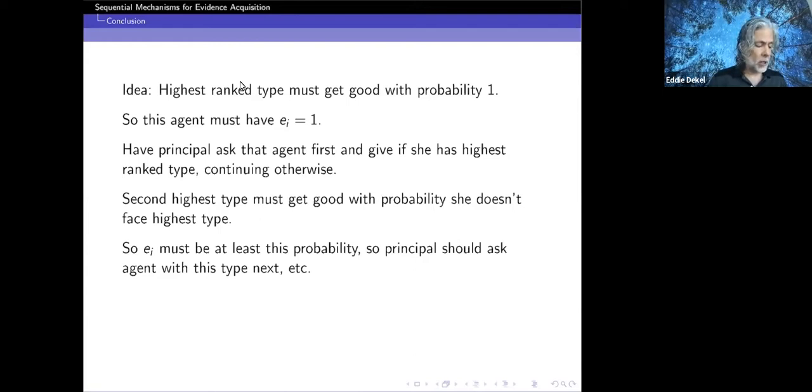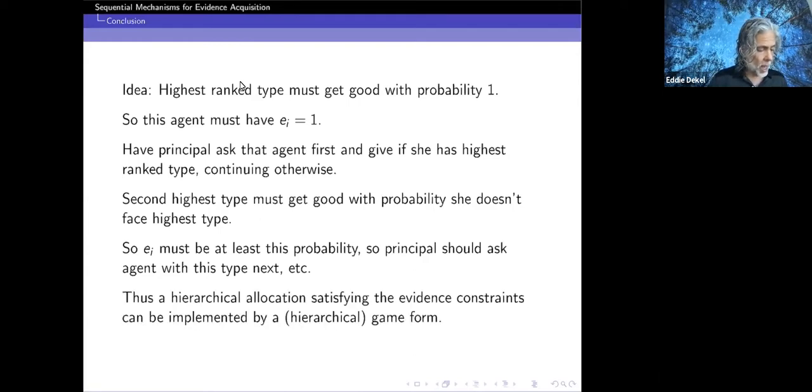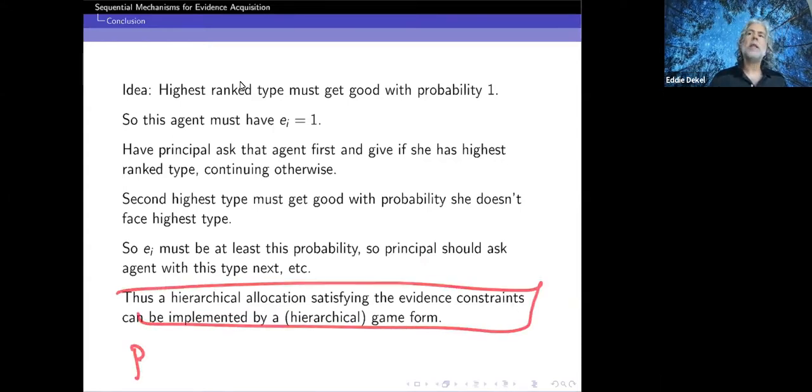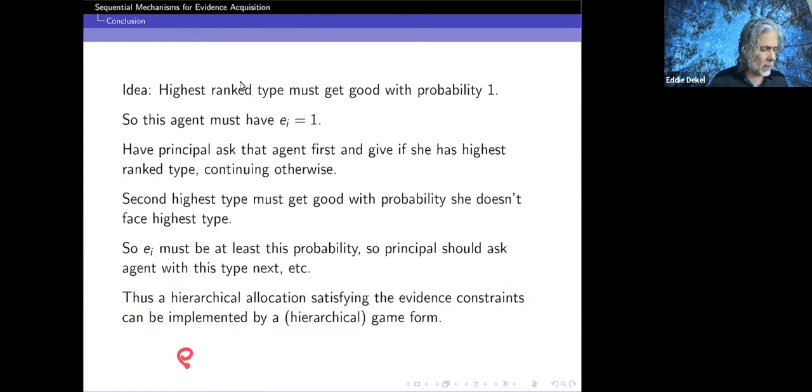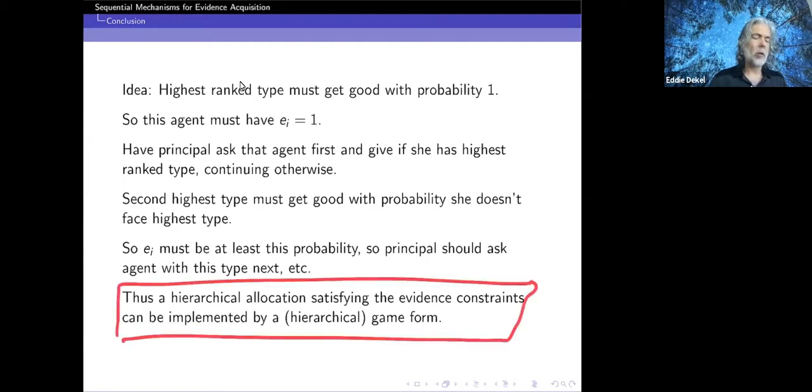So what I'm saying here is any hierarchical allocation that satisfies the constraint that we imposed, namely E_i has to be greater than or equal to P_i of V_i for all V_i, and in particular for the V_i that maximizes that, any P that's hierarchical and any E that satisfies the evidence constraint can be implemented by a hierarchical game form.